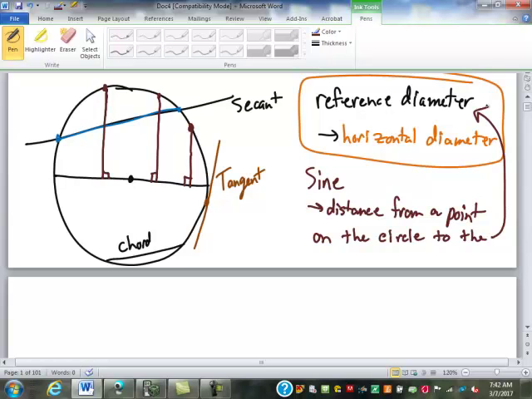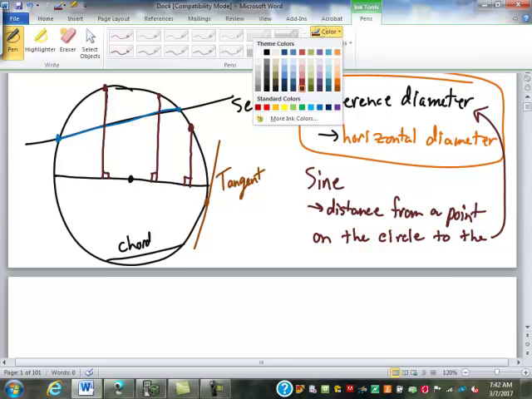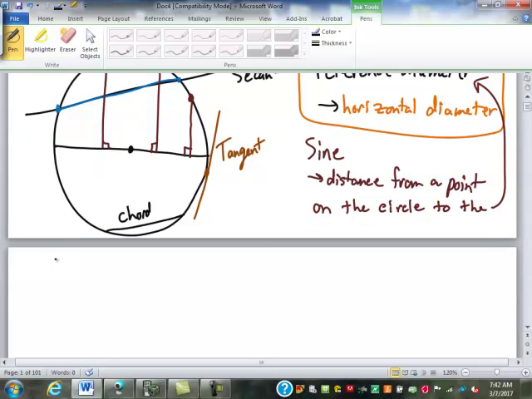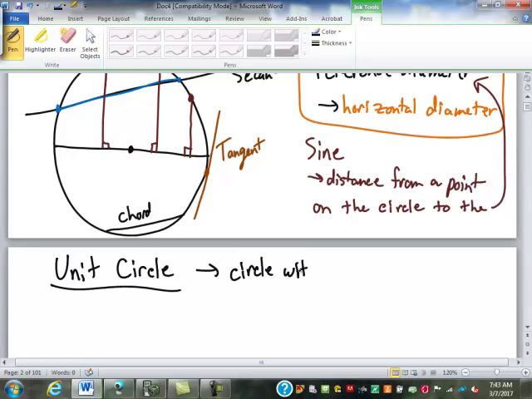So with these features defined, we're going to define something called a unit circle. And a unit circle is just a circle with a radius of 1 unit. Whether that's an inch or a centimeter or whatever, we don't know.